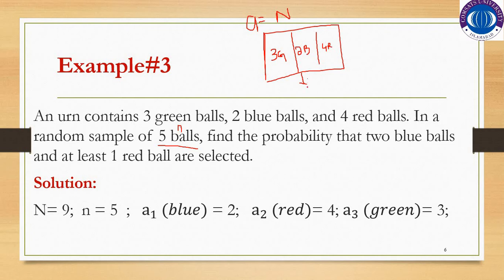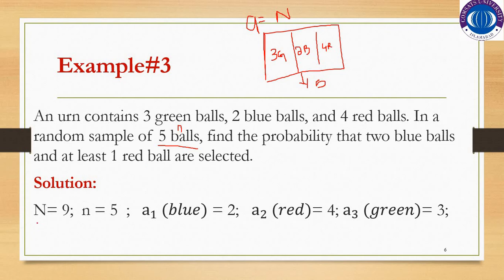They are taking or selecting 5 balls, and what they are saying: find the probability that 2 blue balls and at least 1 red ball are selected.